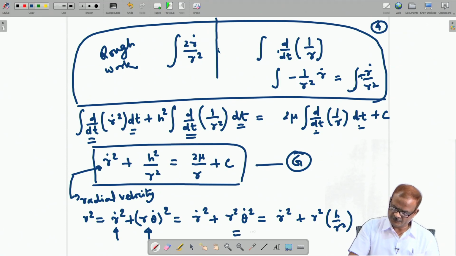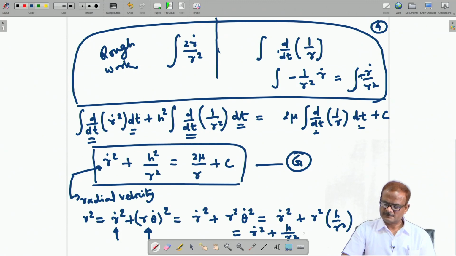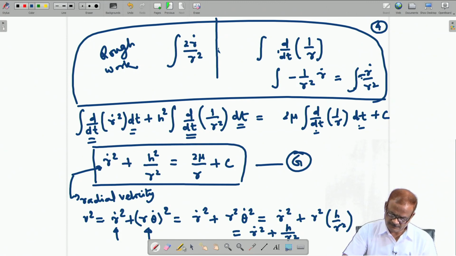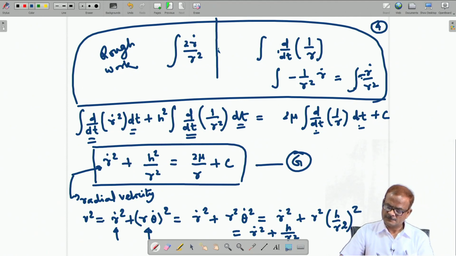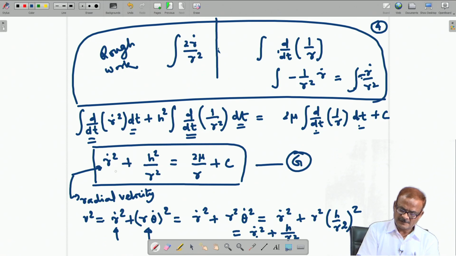So, this gets reduced to r dot square plus h by r square, this whole square. Okay. So, with this we can recognize that the left hand side is nothing but v square.